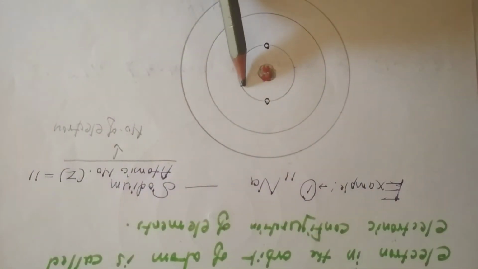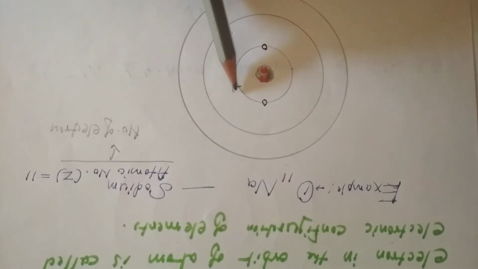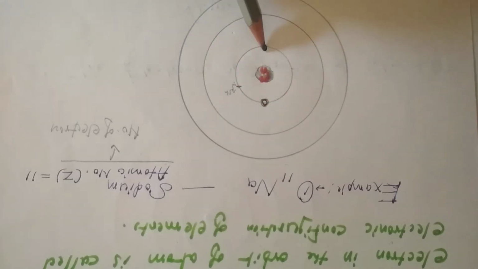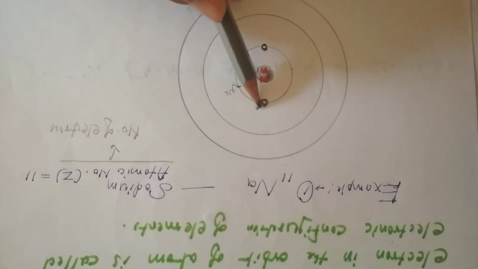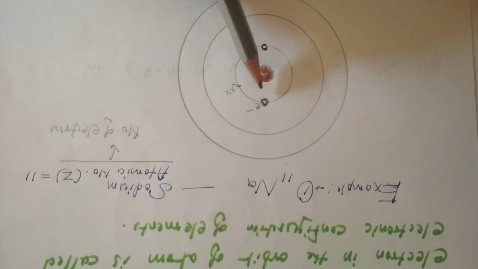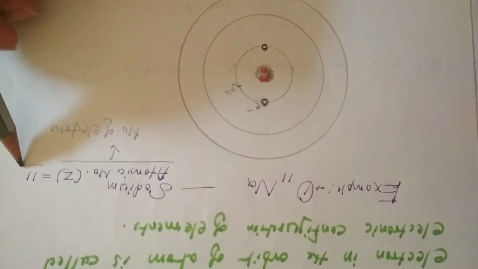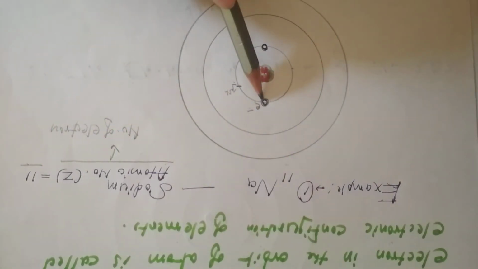In the first orbit the maximum electrons are 2. An electron is represented by a small letter e, and an electron has a negative charge. Sodium has 11 electrons, so we arrange 2 electrons in the first orbit.